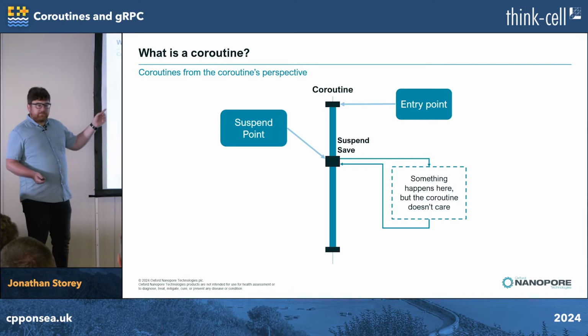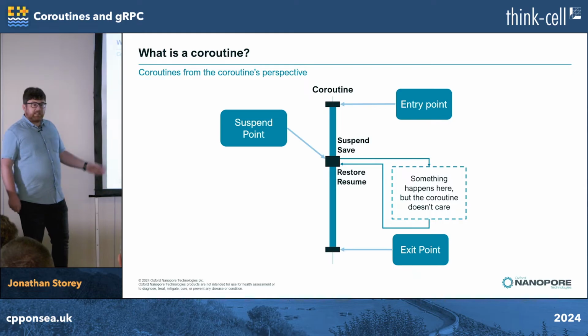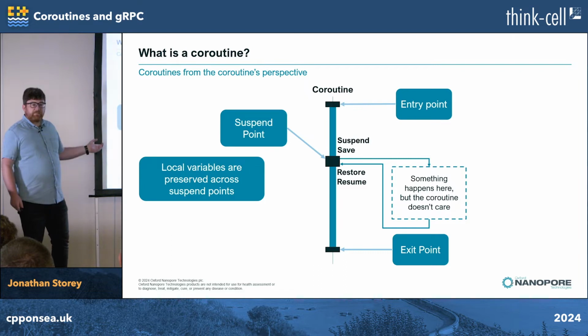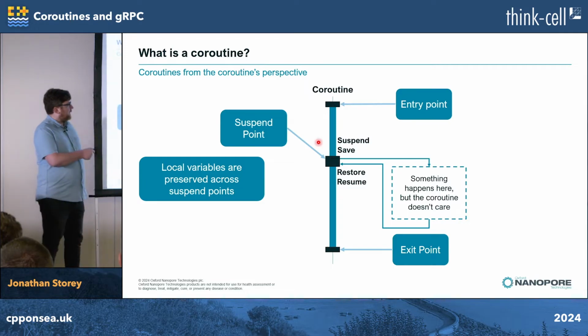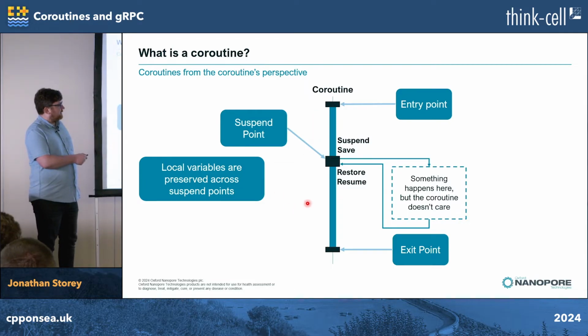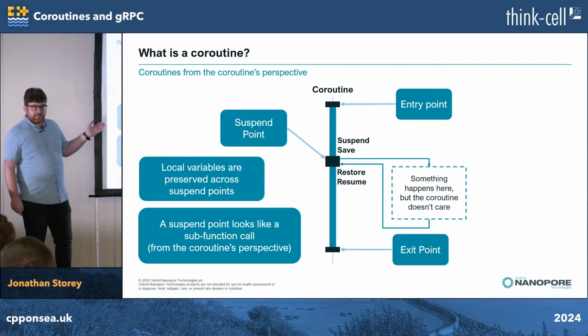At some point later, someone can resume the coroutine, at which point the coroutine's state is restored, the coroutine is resumed, and everything continues like a normal function call. And then eventually you get to an exit point. Just like with functions, local variables are preserved across the suspend points. So if you have a variable up here, it is also available down here, and it's also available for the entire duration, which turns out to be really handy. And as you've probably noticed, from the coroutine's perspective, a suspend point looks just like a subfunction call.